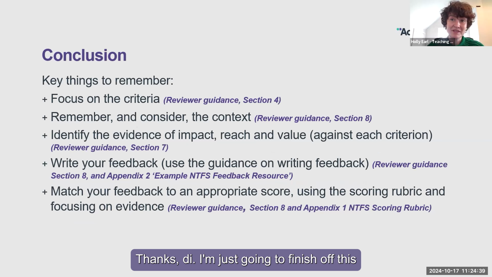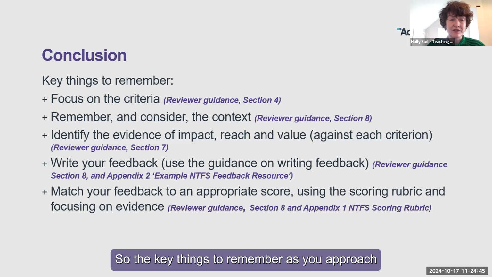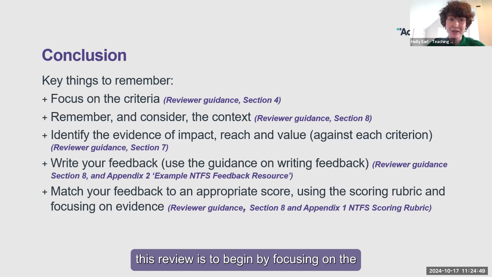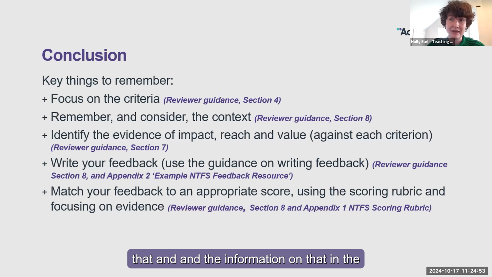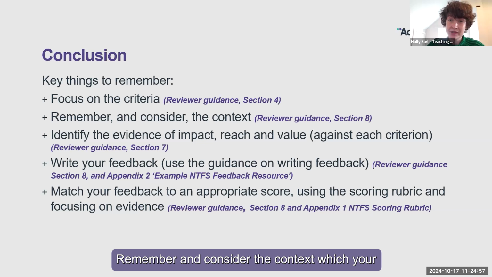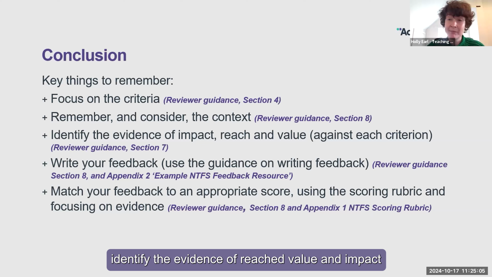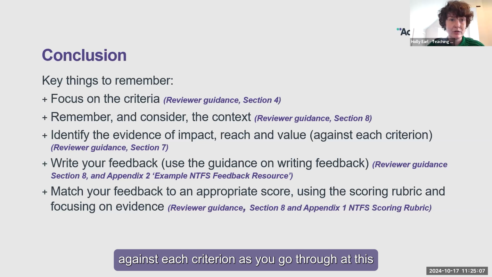Thanks, Di. I'm just going to finish off this short video by bringing together some of the key points that we've gone through. So the key things to remember as you approach this review is to begin by focusing on the criteria, make sure you're really familiar with that and the information on that in the guidance document. Remember and consider the context which your nominee is coming from and your own context as well. Think again about how you're going to identify the evidence of reach, value, and impact against each criterion as you go through.